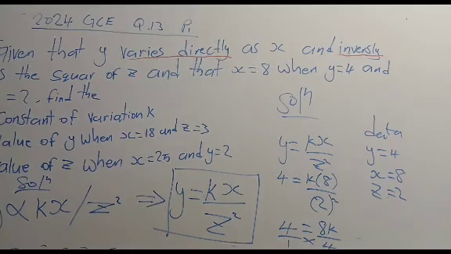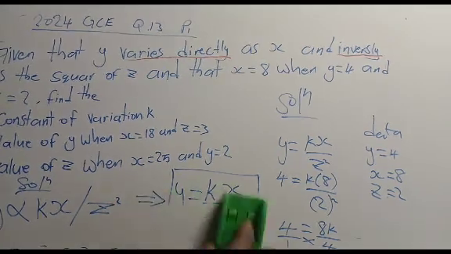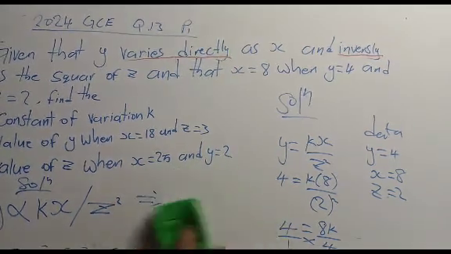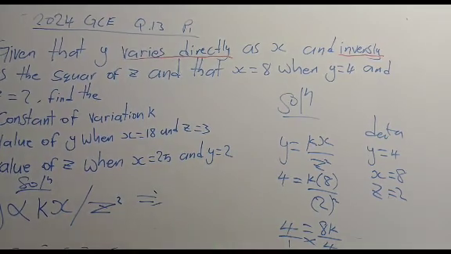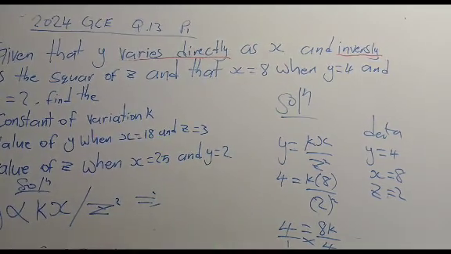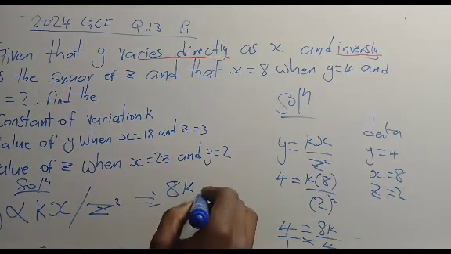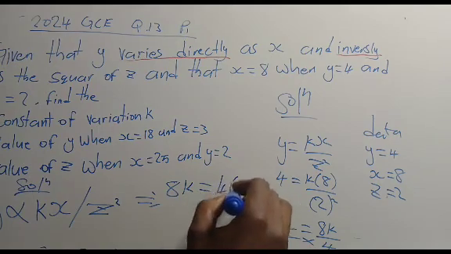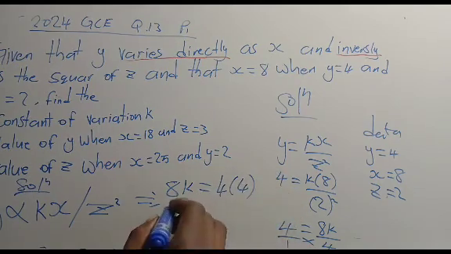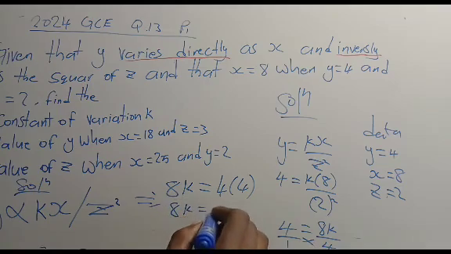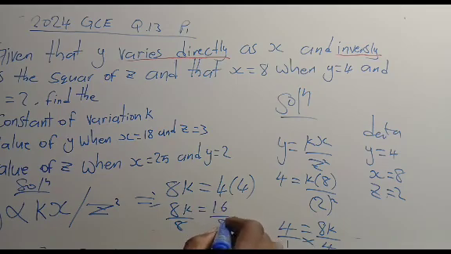When you do cross multiplication, what you get is 8k is equal to 4 times 4. So you have 8k is equal to 16, over 8, over 8.